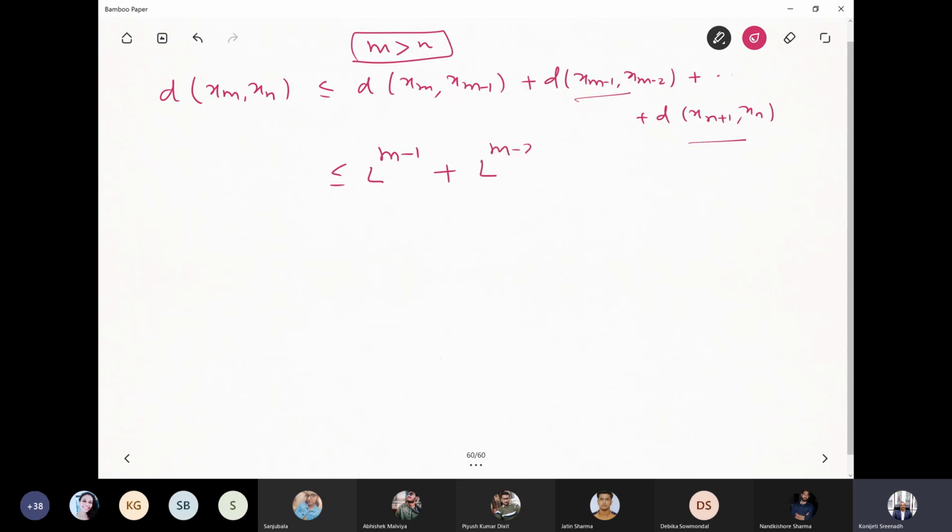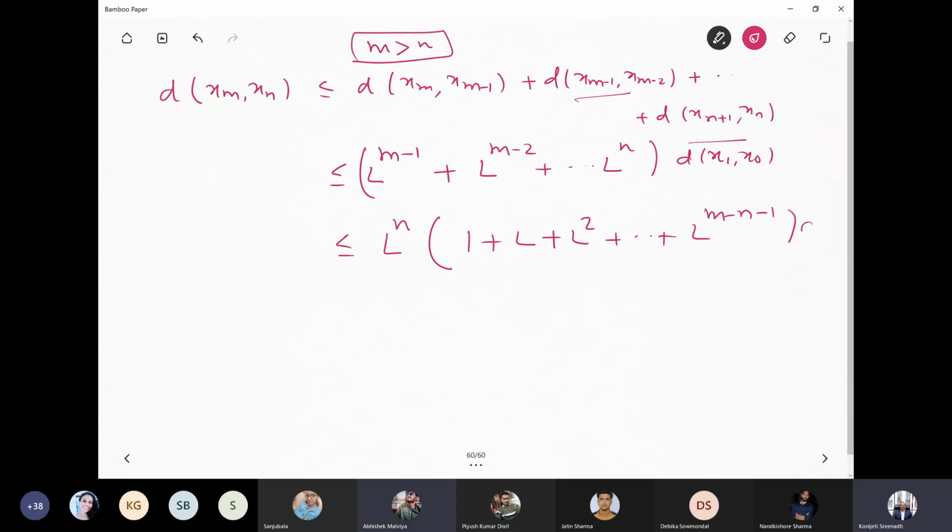L to the power m minus 2, and so on up to L to the power n, times d of x1 x0. So here take L to the power n as a common factor. You get 1 plus L plus L square up to L to the power m minus n minus 1, times d of x1 x0.